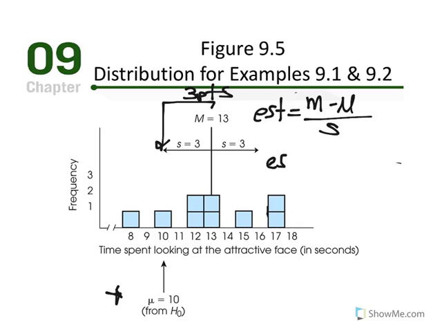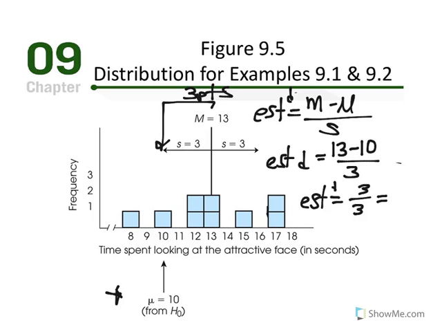So if we replace variables, estimated d is equal to 13 minus 10 divided by our standard deviation of the sample, which was equal to 3. So we have estimated d equal to 13 minus 10, 3, divided by 3, and we get estimated d equal to 1. So we're saying that 3-point shift is equivalent to 1 standard deviation unit.